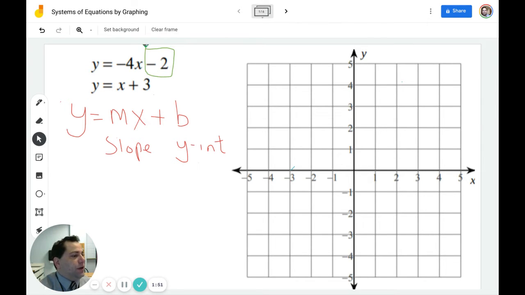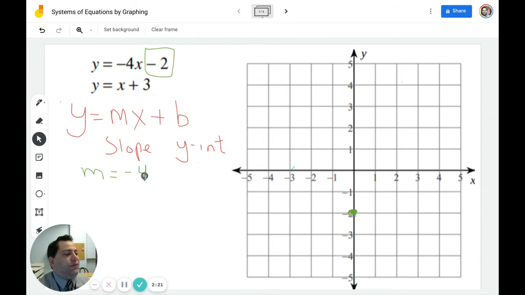Once you've identified what the y-intercept is, you can plot it on the y-axis, because the y-intercept is where the line will cross the y-axis. So we have negative 2. The number with x, negative 4, is going to be the slope. And the slope here is negative 4.